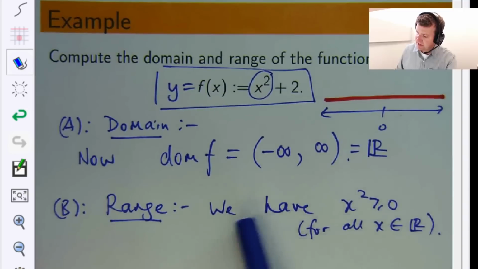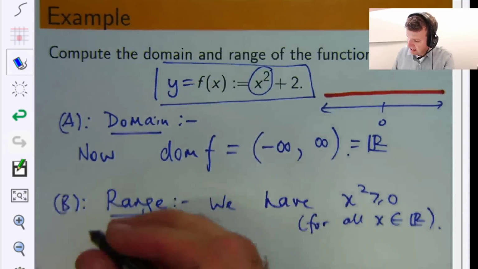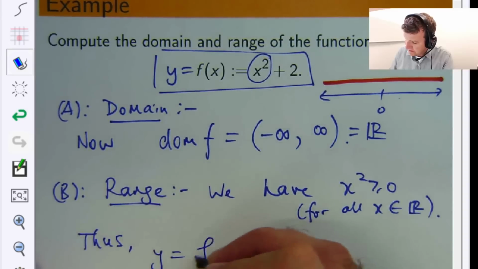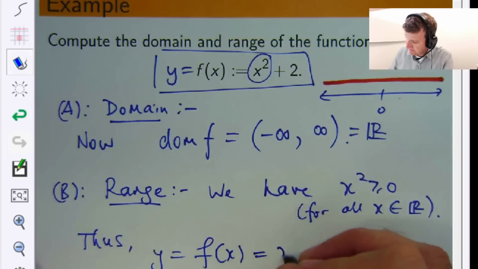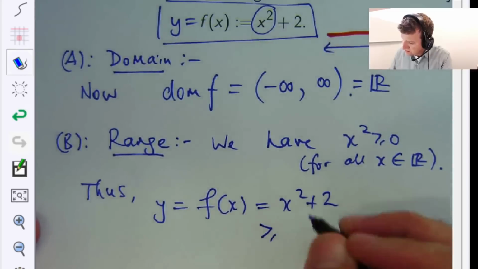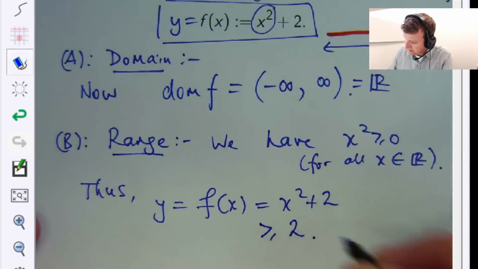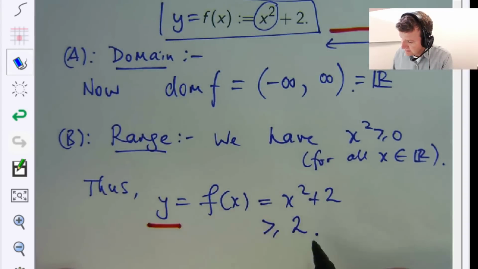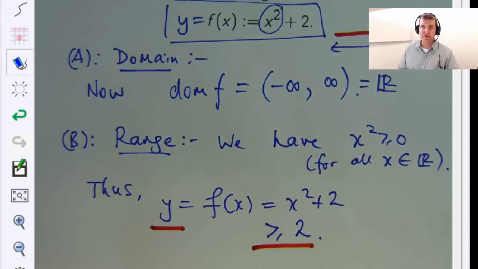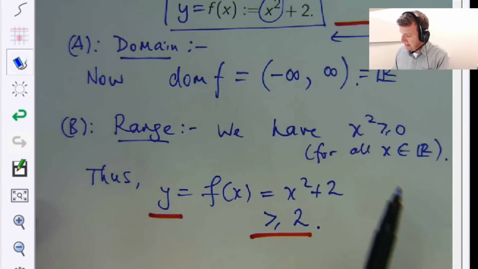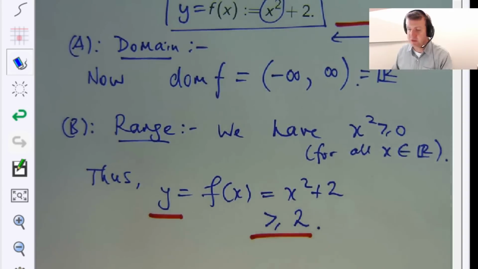So we can now form an inequality: x squared plus 2 is always greater than or equal to 0 plus 2. So this tells us then that the output is always greater than or equal to 2. And if x equals 0, then the output is 2.